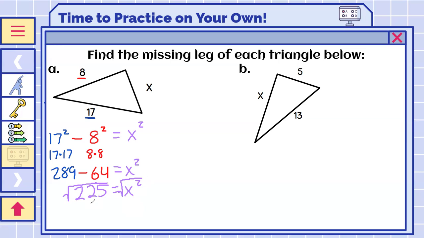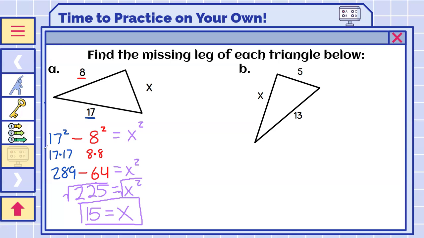Let's see. What number times itself gives you 225? Well, I know 10 times 10 is 100. If I keep going up, or I could use a calculator, I believe 15. 15 times 15 gives you 225. So if you also got that x is 15, or 15 is x, then you correctly solved A.